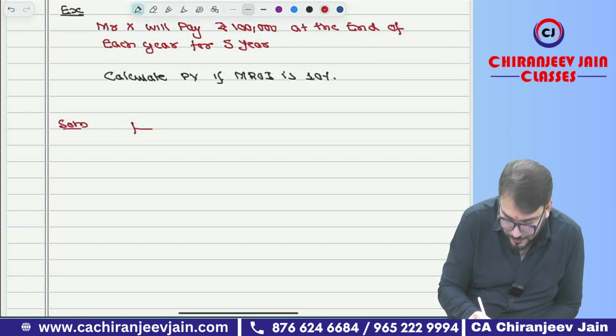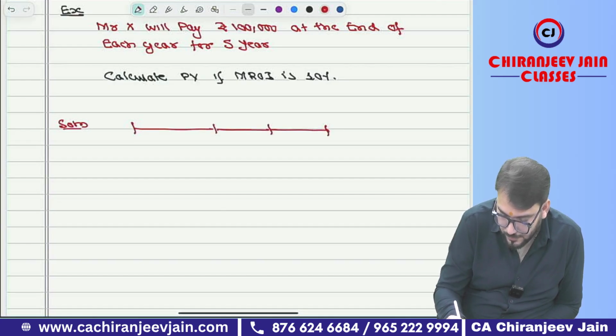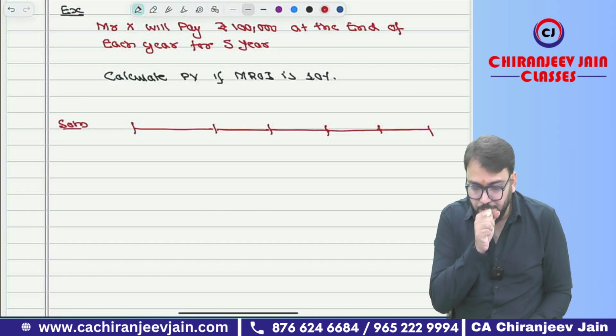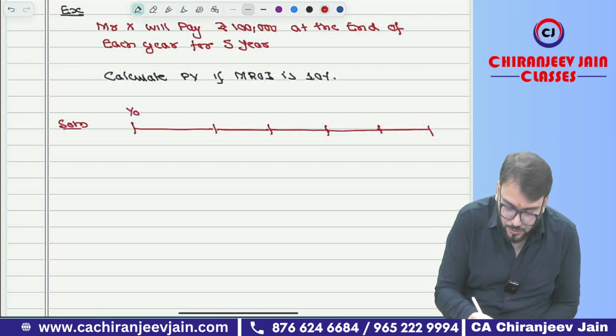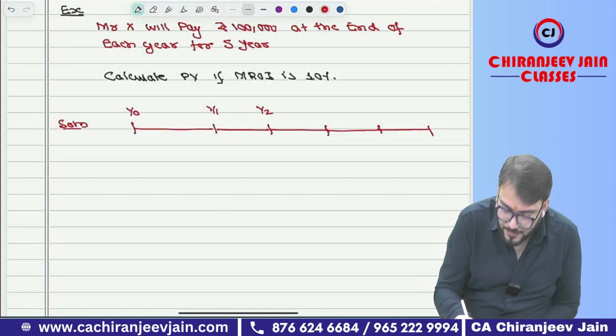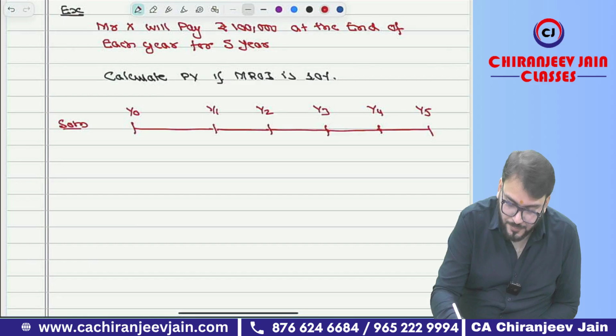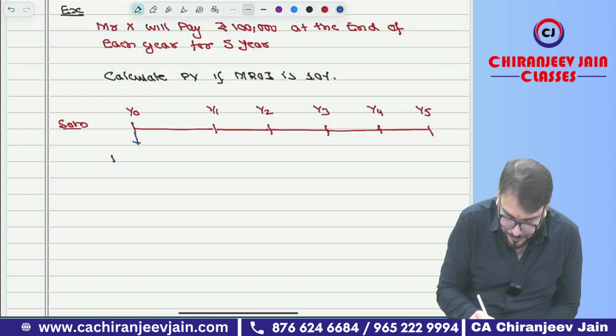Solution. Sorry, this is y0, this is y1, y2, y3, y4, y5. Right now this is today.